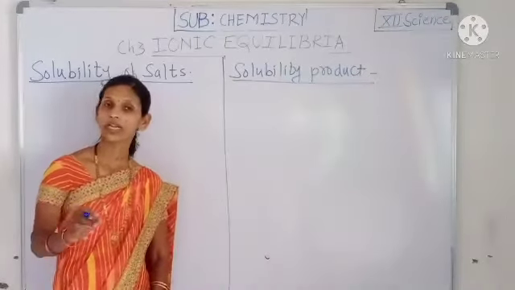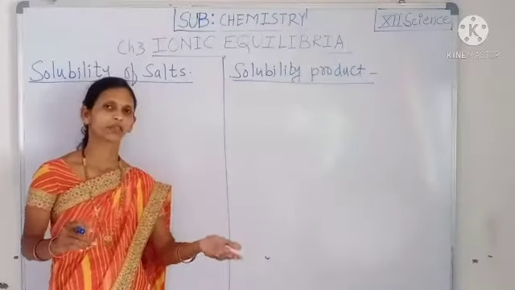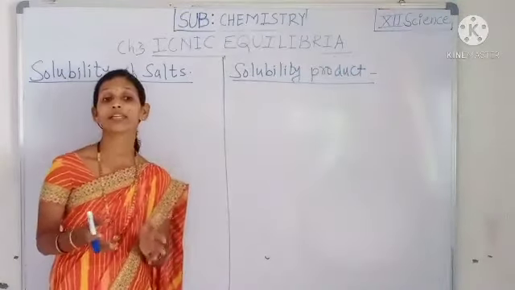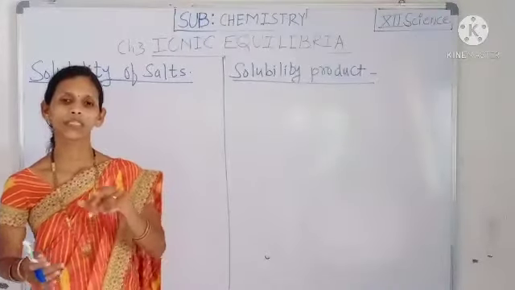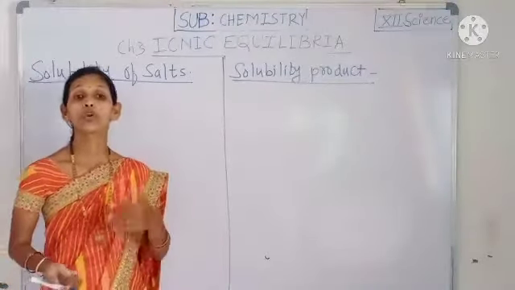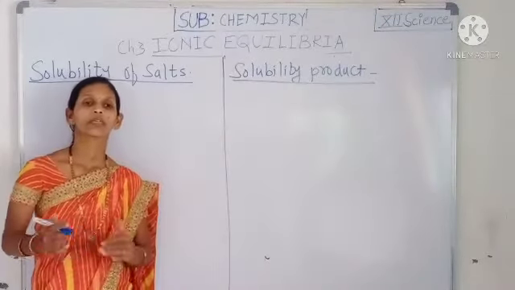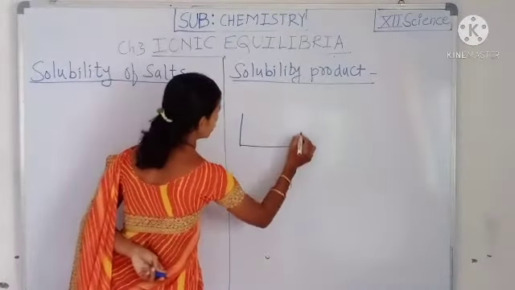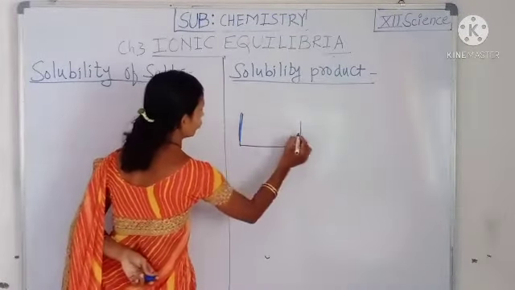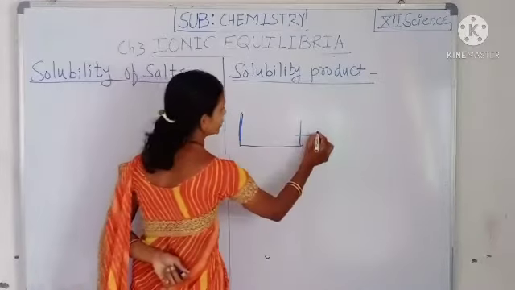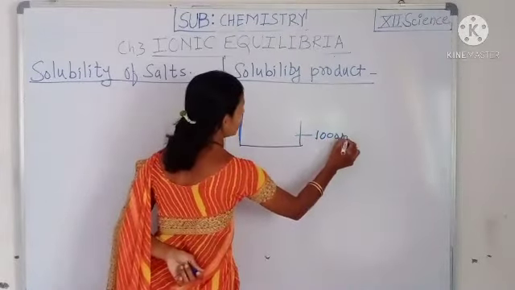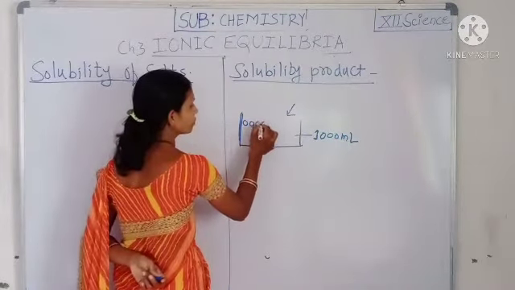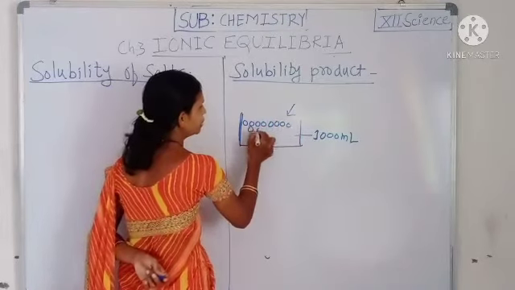And the nature of that salt may be acidic, basic, or neutral. Then the strength of these salts is also related to the solubility of that salt. Solubility means, see here, in a given amount of water, suppose there is 1000 ml of water, the number of moles of salt dissolved into it.